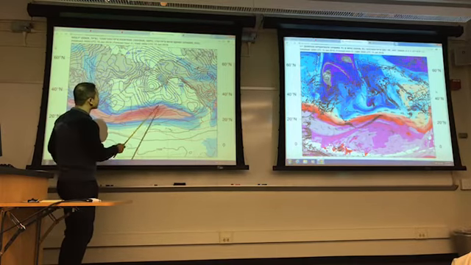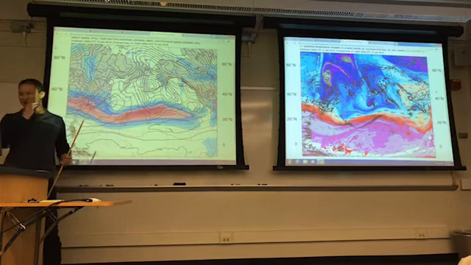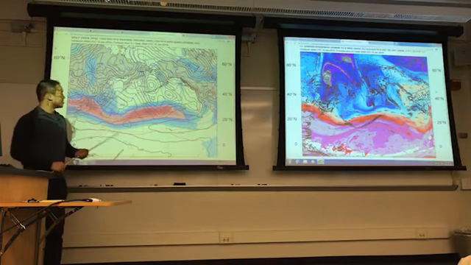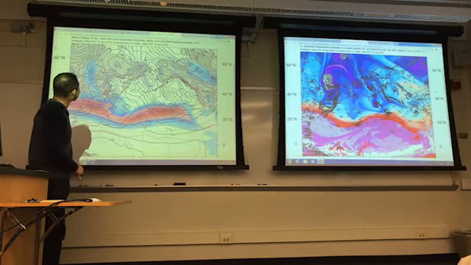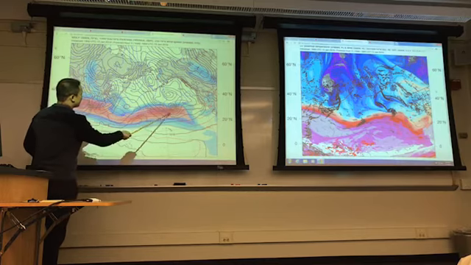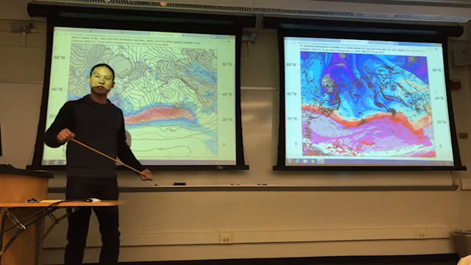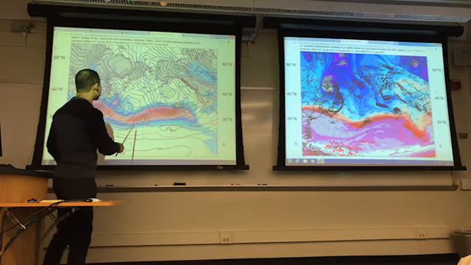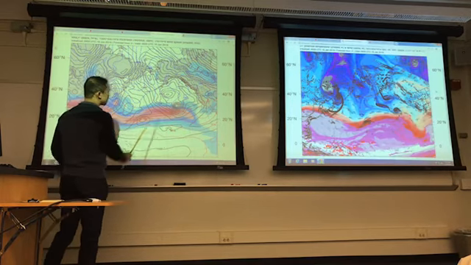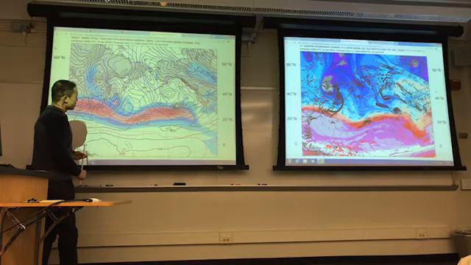But of interest, as we go forward in time to about 72 hours prior, focusing on the jet exit region and the poleward exit region of this Pacific jet, we see cyclogenesis taking place.